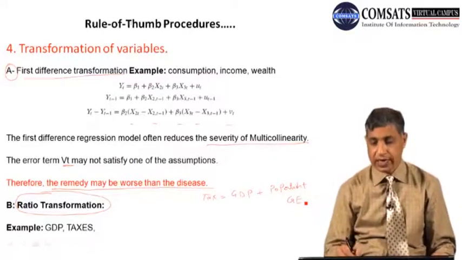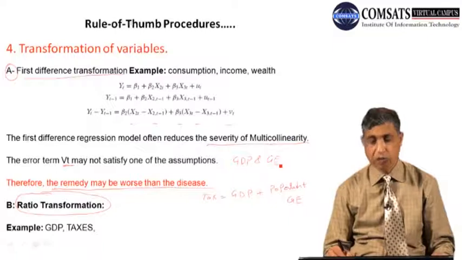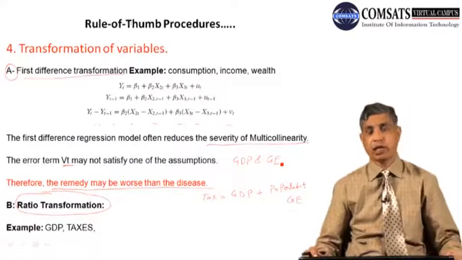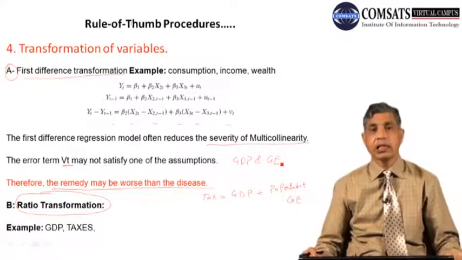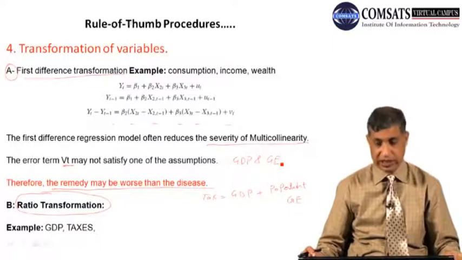Now I suppose that the GDP and GE, the government expenditure, are multicollinear, and in reality these are multicollinear, because as the GDP increases, the government expenditure also increases.